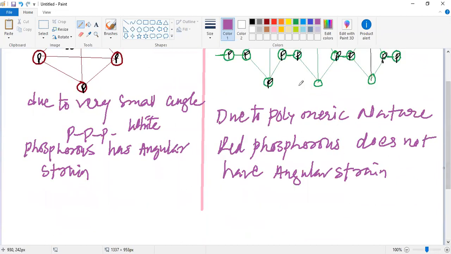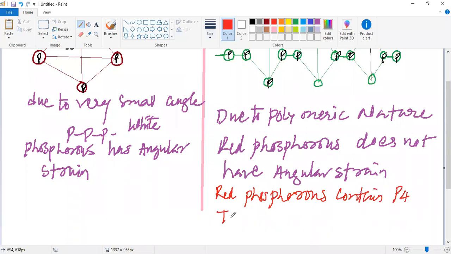You have seen, my dear students, that red phosphorus contains P4 tetrahedral links.